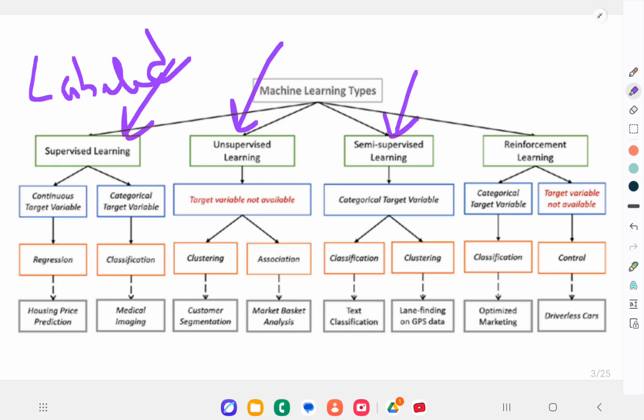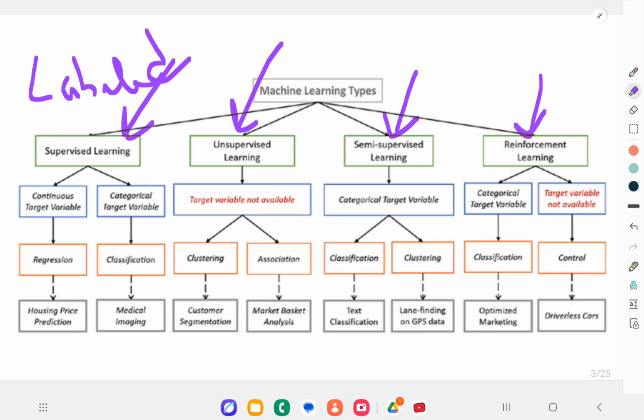Imagine you only have labels for a small portion of your data, but still want to train a model. This approach is especially useful when labeling is expensive or time consuming. We use semi-supervised learning to label a large unlabeled data set starting from a small labeled data set.